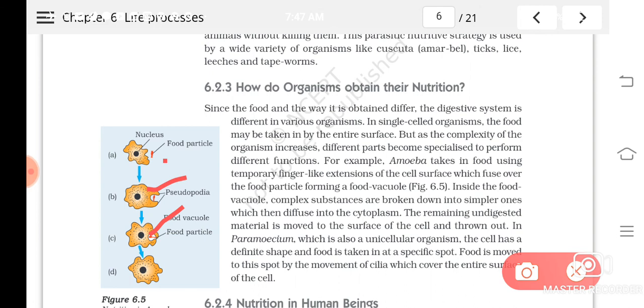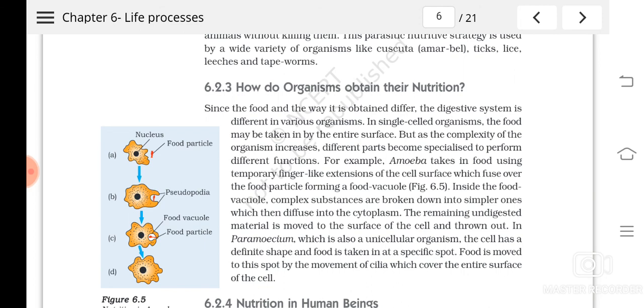So nutrition in amoeba is an example of holozoic nutrition, and with the help of pseudopodia they ingest the food. In another organism like paramecium, how do they obtain food? They have cilia all over the body, and there is a special spot to which the food has to be put.